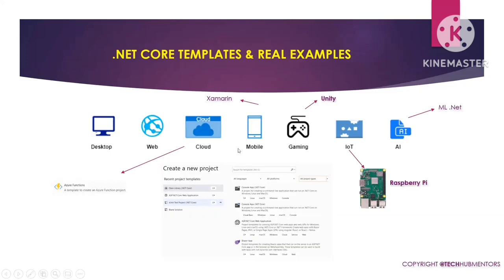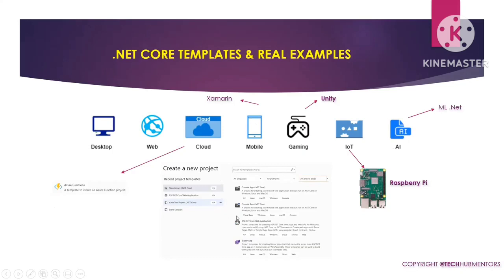You will be able to create cloud applications like Azure Functions, right? You will be able to create mobile applications with Xamarin, gaming applications with Unity, IoT applications, internet-enabled technologies. You can create Raspberry Pi. You can create AI, ML.NET, which is now being introduced in our latest versions.